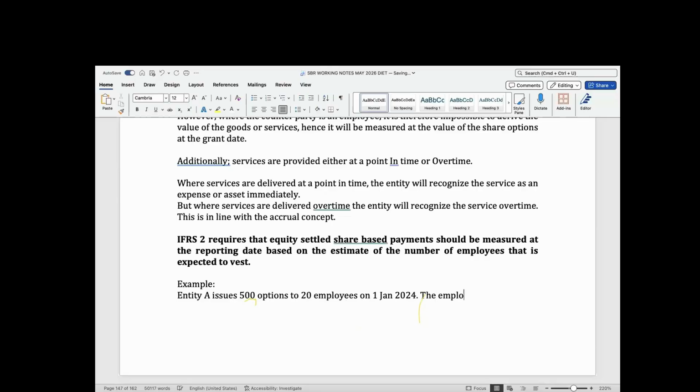The employees must work till 31st December 2025 for the options to vest. So how do you account for this?